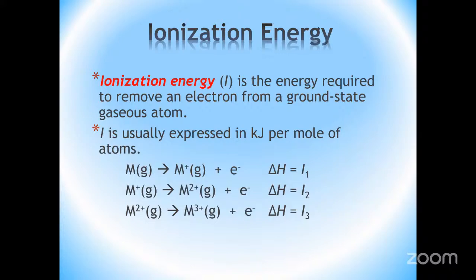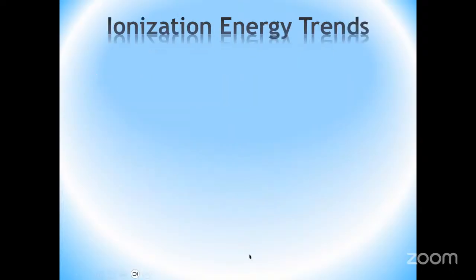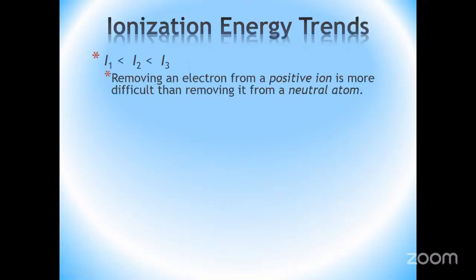The first ionization energy is the energy required to remove the first electron. The second ionization energy is the energy required to remove the second electron, and so on. And what you'll find is that as you remove each electron, it becomes more difficult to remove it, and therefore more energy is required. So the energy required to remove the first electron will be of a certain value.